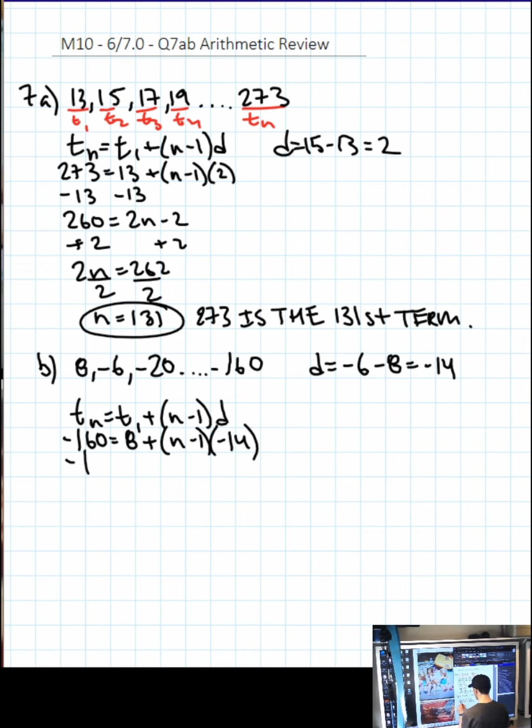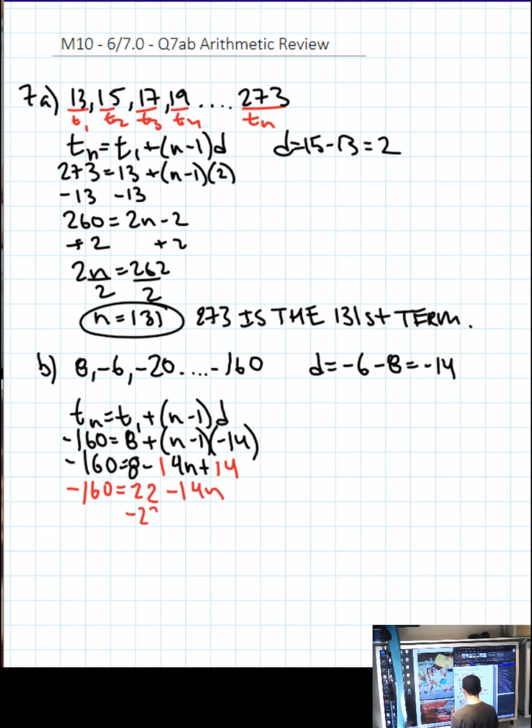Cleaning it up, negative 160 equals 8 plus negative 14n plus 14. So clean it up even more. Negative 160 equals 8 plus 14 will be 22 minus 14n.